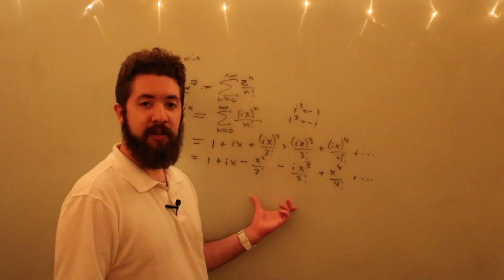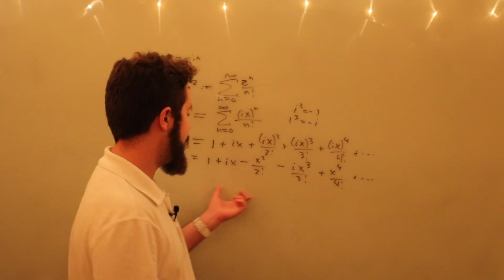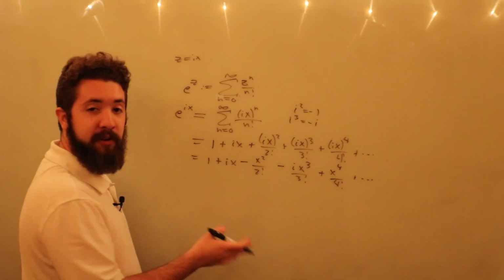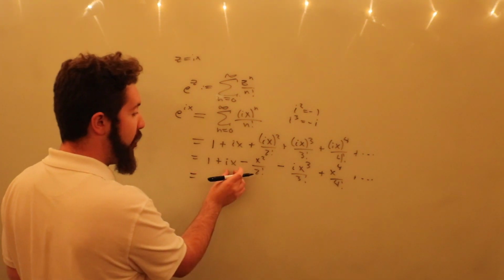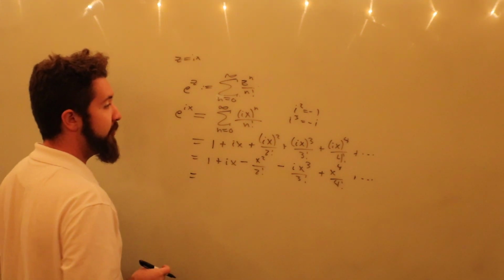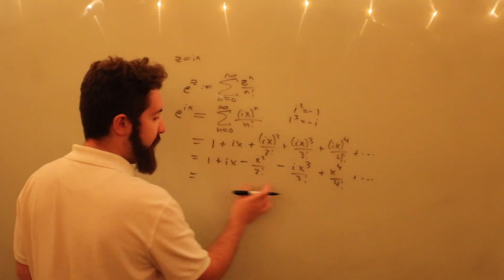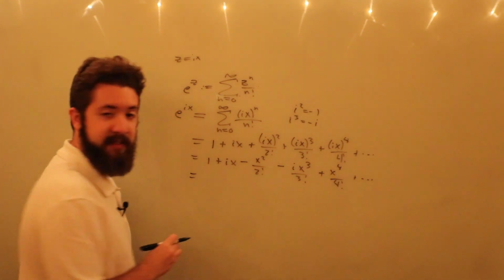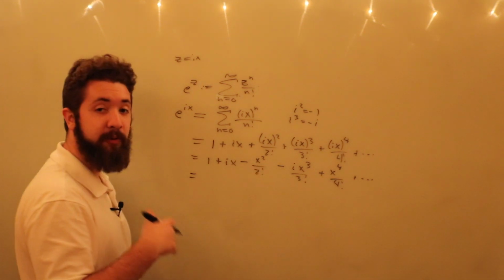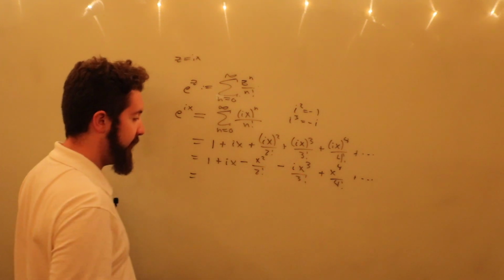Now, because it converges absolutely, we're allowed to play around a little bit more with the terms, right? That's how series work. So we can actually factor this and pull out all the terms that have exactly one i in it. Because if you're clever, you'll notice that for every other term, there's going to be no i's in it, because i to an even power is going to give you a real number. But to an odd power, you're still going to have a factor of i left over.